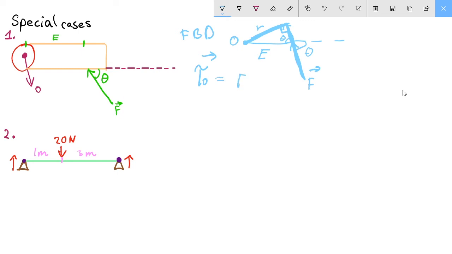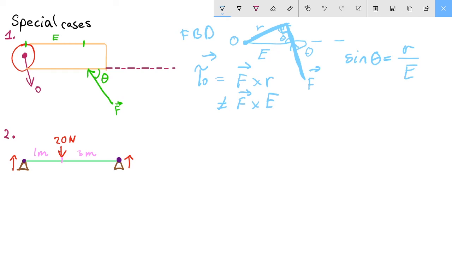Torque at point O is force times R, not force times E. Okay, so how will we find R? R can be found by using trigonometry. It is pretty easy actually. First of all, sine of theta is equal to R over E. Sorry, capital E. So if we say theta at this point, sine of theta is opposite over hypotenuse.